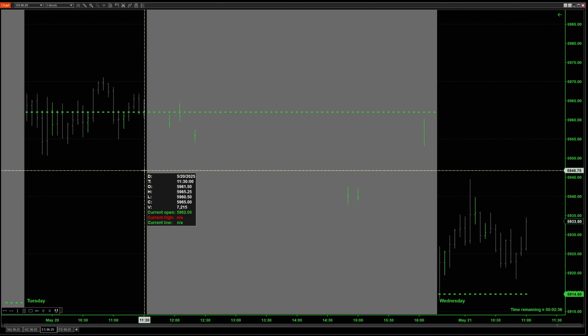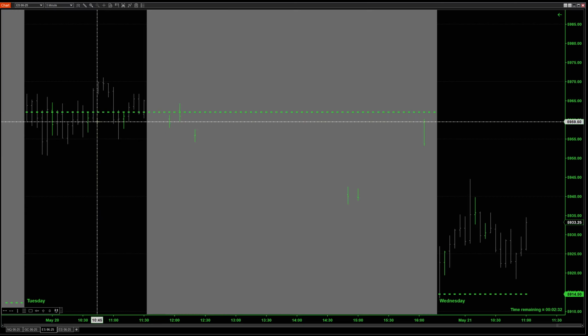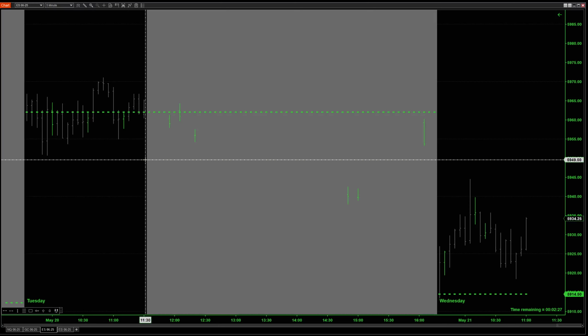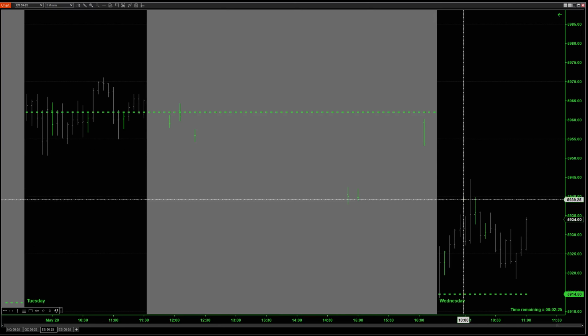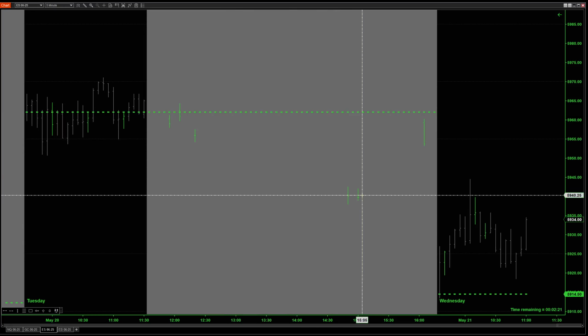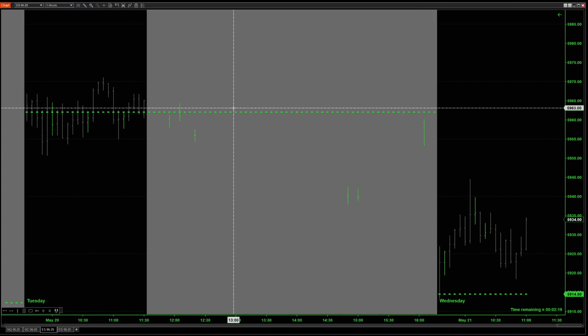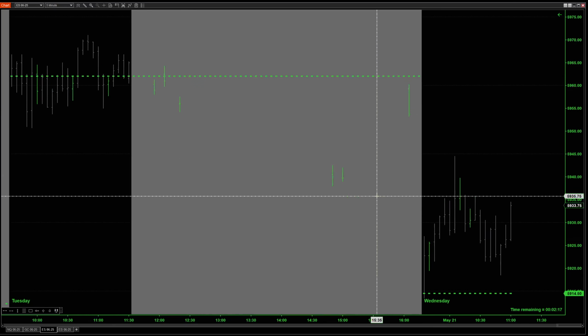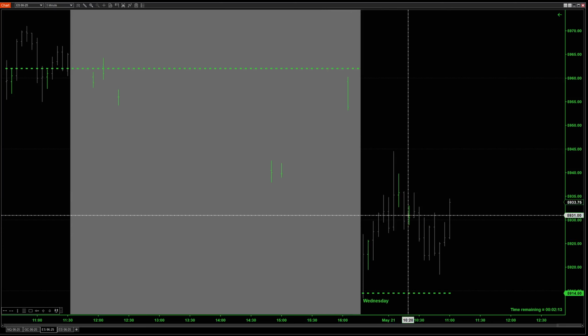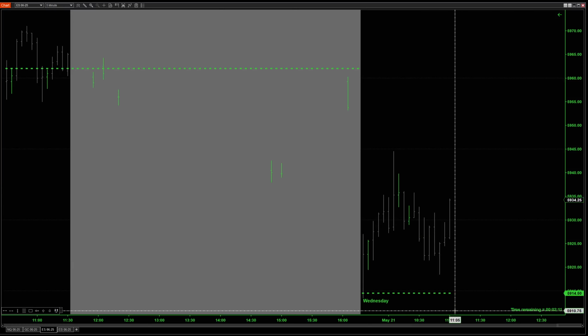This candle closes at 11:30 a.m. I blocked out everything else. I did that by making the bars the same color as these shaded regions. You'll see these random stray green bars out here, and that is because they are, like these green bars here, inside bars.